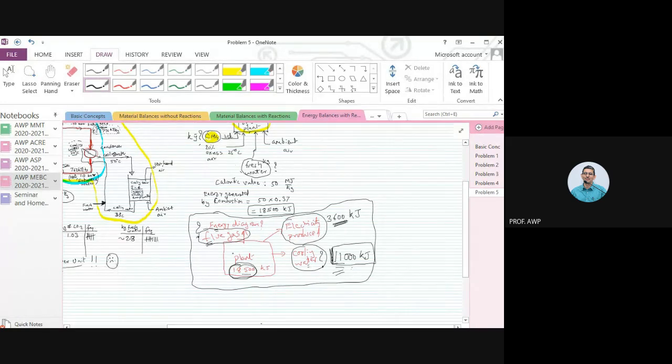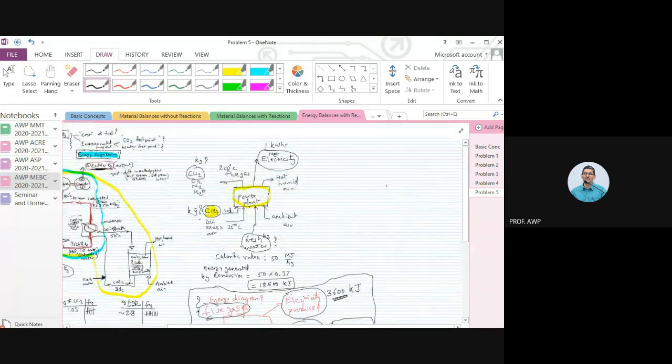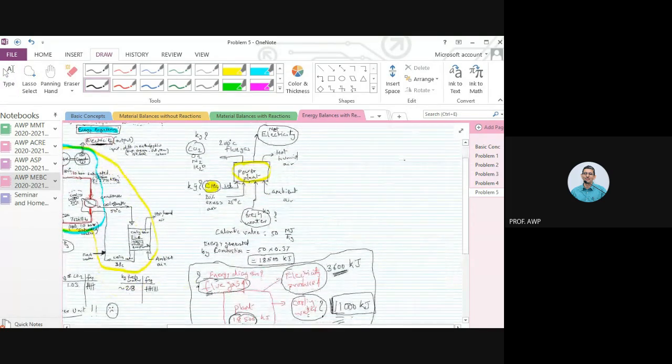We can take that because we wanted to see all these things. Okay, so now that we are coming to the end of the course, we should think about a global picture. We have done material balances, we have done energy balances for individual equipment.